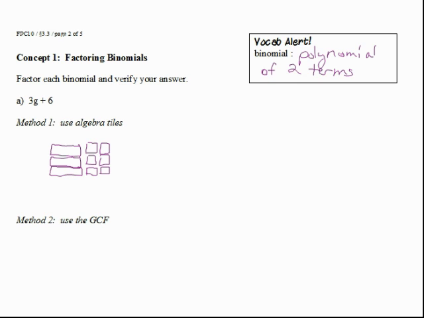It's too hard to do on the screen here. But I will get you some so you can play with it on your own. We'll have them in class. So on this side we have, okay, so 3g plus 6 equals 3 times g plus 2. I'm hoping you can see that.